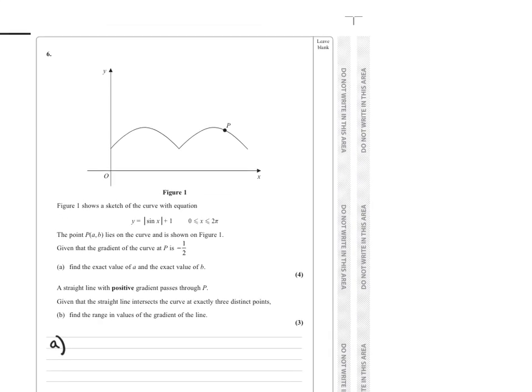But if you think about the normal sine graph, it looks like this. When we've drawn the modulus, we've taken the positive. So this side was originally negative. So what we're actually going to differentiate is y equals negative sine of x plus 1.